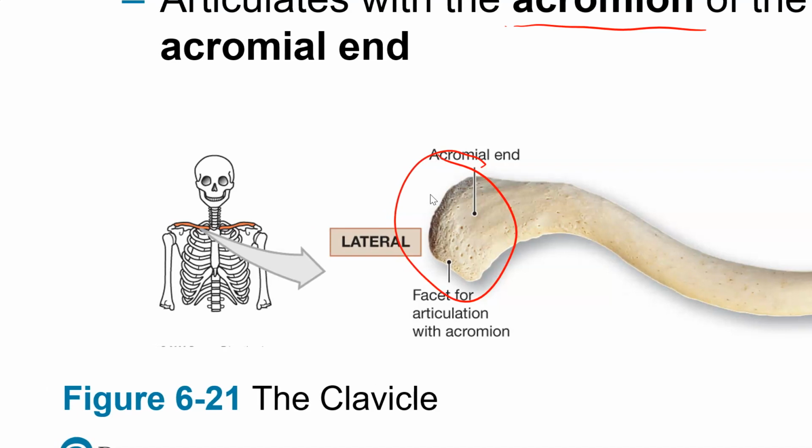All right, so if you look here at the clavicle, the sternal end is connecting to the manubrium, this structure that's kind of underneath the arrow, called the manubrium of the sternum. And then the acromial end is articulating with the acromion of the scapula.